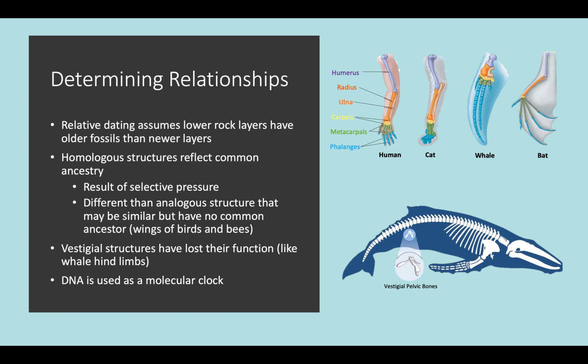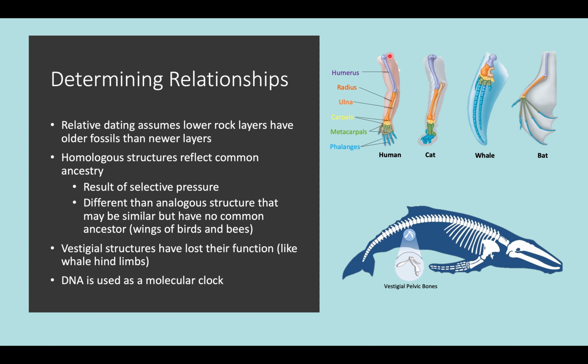Now I want to talk about homologous structures, which tell us how things are related over time. The top right image will show you what I'm talking about. In this image, you see a human arm, a cat's leg, a whale's fin, and a bat's wing. You can see through them and actually see the bones located within these structures.